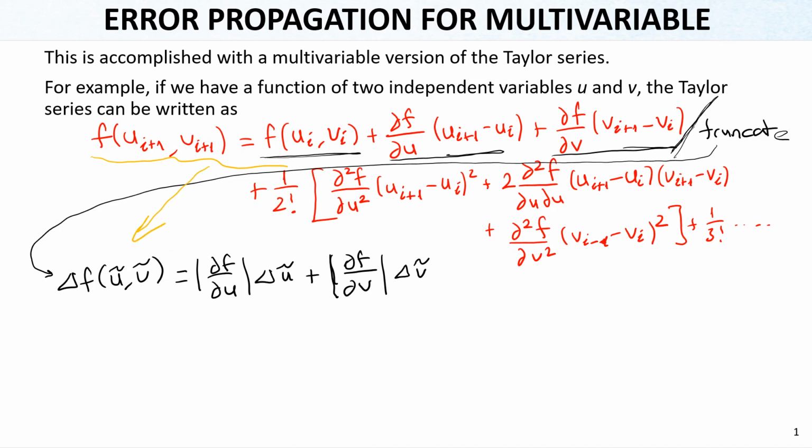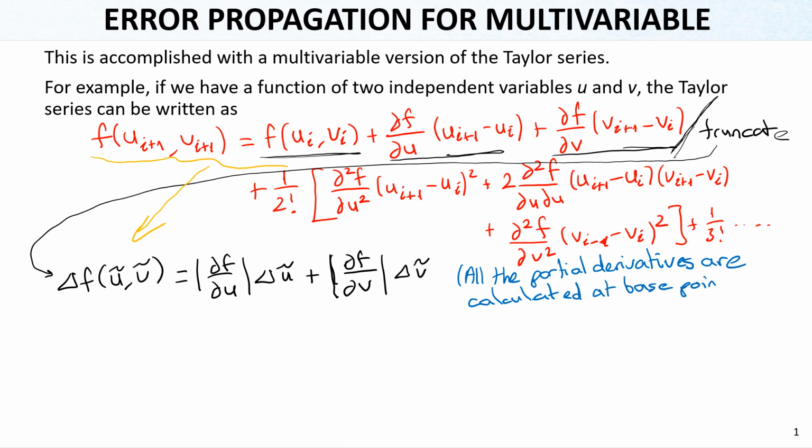So you need to remember that the subtraction of this is this. And all the partial derivatives here are calculated at base point i. Let's write that too. All the partial derivatives are calculated at base point i.